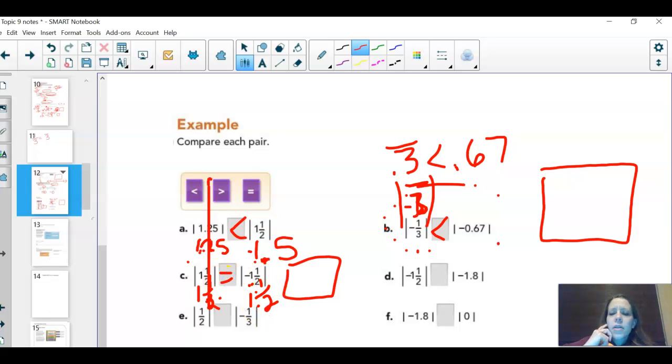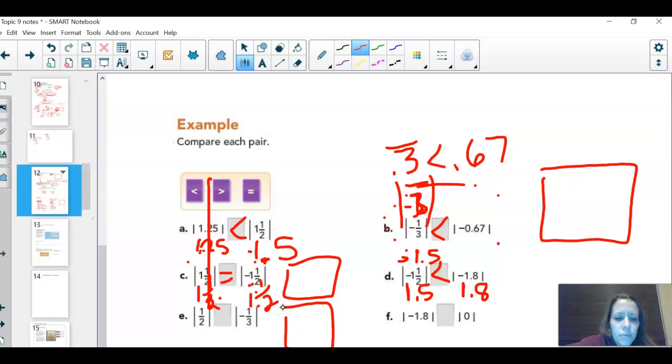You were correct. All right, let's try this one. -1.8 would change to 1.8. Este va a cambiar a 1.8 porque es el valor absoluto. Y entonces aquí, este es el mismo de -1.5. That's the same as -1.5. So I have 1.5. 1.5 is less than 1.8. Okay?